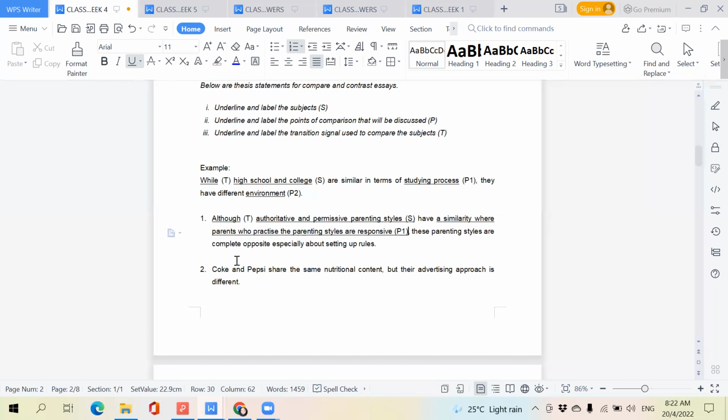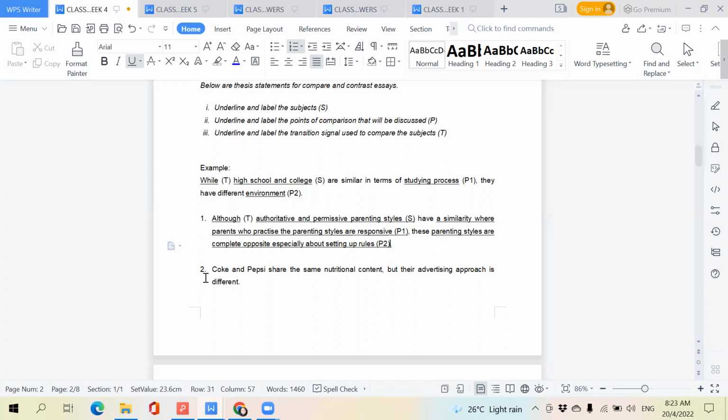Very clearly mentioned that complete opposite. So you know that this is P2. Okay, what is P2? Oh, setting up rule. So this is your point. Okay. All right. So anyway, I'll just highlight this. And this is point of comparison 2.